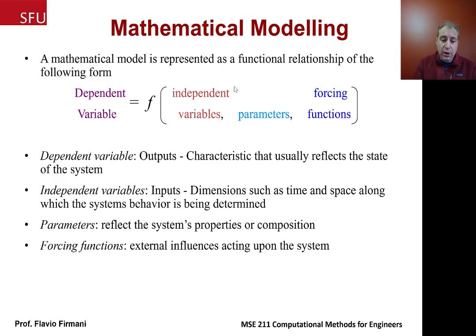And then we're going to have even the initial conditions of our system. Then we're going to have the parameters that define the system, that are related or explain the characteristics of the system. And then we're going to have forcing functions, which are the external influence that is acting upon the system.